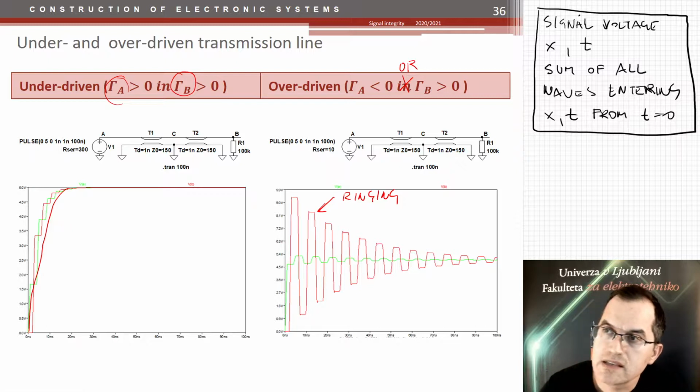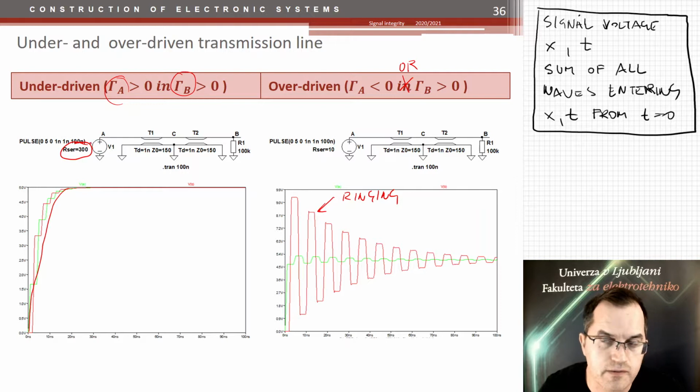But nevertheless, you can afford to have high resistances of your sources, and as long as you keep your load at very high resistance, that would finally reach the logic level you need, but it would take some time. If you have low resistance sources, you finally reach the logic level immediately, but then you have ringing.